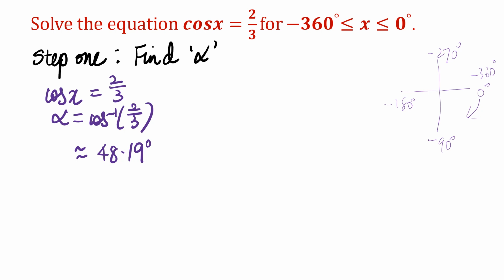If you look at the diagram that I've just drawn, for cosine x to be a positive value, it will come from the first quadrant and the fourth quadrant, for angles measured in a clockwise direction.